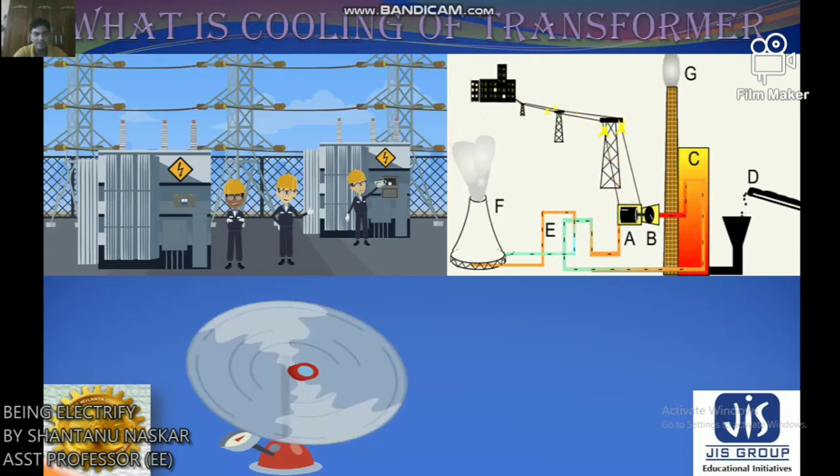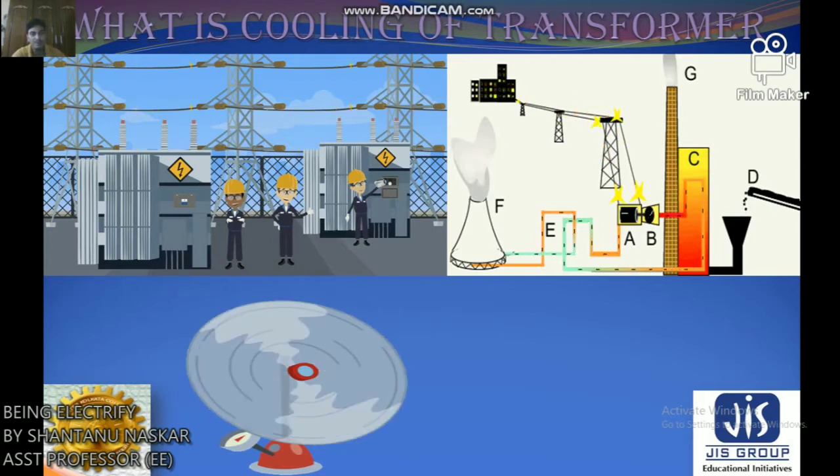Among all the various losses, the major contributor of heat generation is the copper loss, which is also called I square R loss. If the temperature of the transformer continues to increase rapidly, it will result in the degradation of the insulation used in the transformer, resulting in damage to the various parts and hence failure of the transformer.